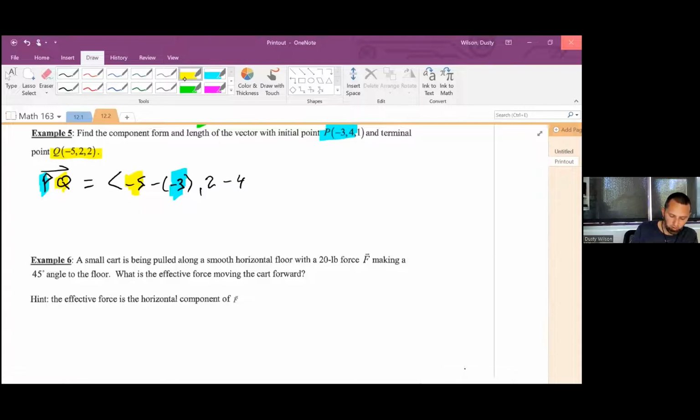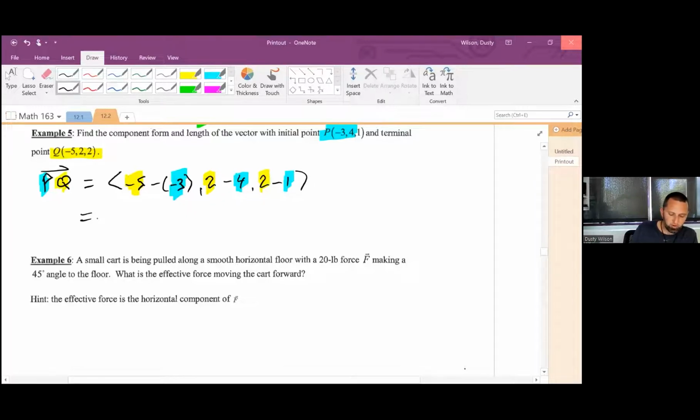Let's start with the yellow, subtract out the blue. And then for the Z's, same thing, start with the 2 from the Q, subtract out the 1 from the P, start with yellow, and then blue.